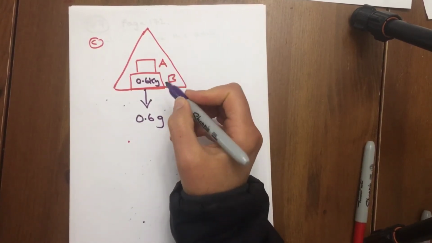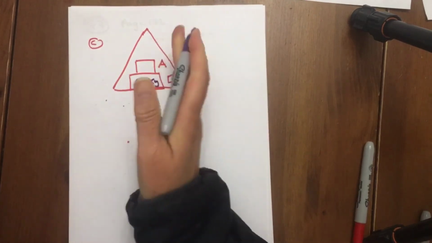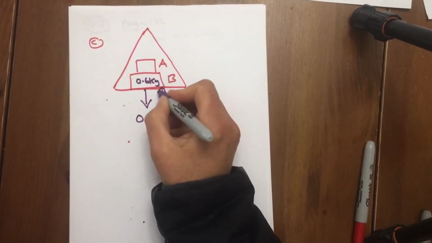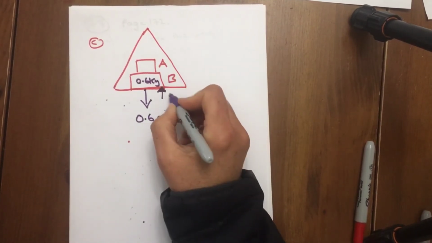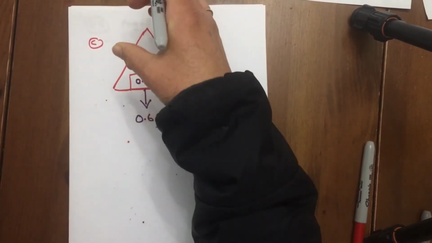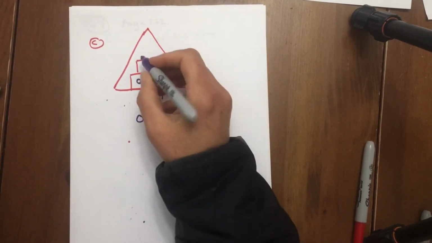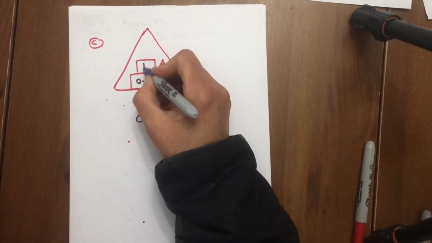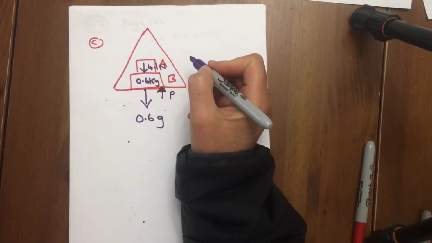We've got a reaction of the scale pan acting up onto B. Let's call that P. And we've also got the force of A acting on B, which we worked out in the last question to be 4.1 newtons.